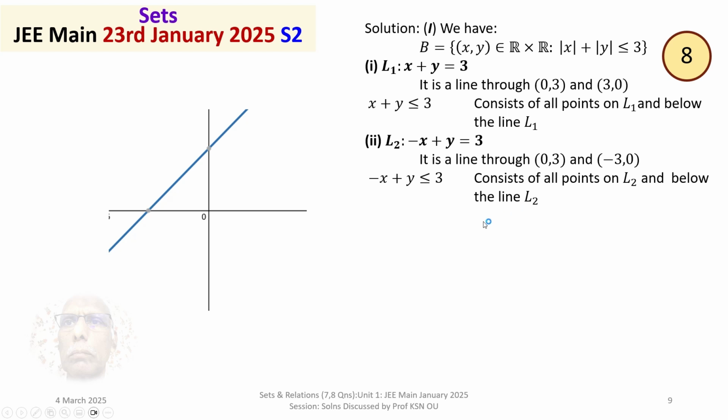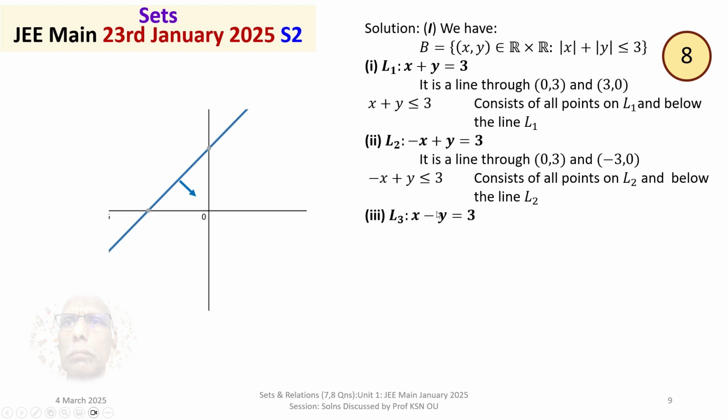Why below? Take the convenient point (0, 0). Substitute in this. It is satisfied. Therefore, this represents that region in which (0, 0) is present. So it is below.